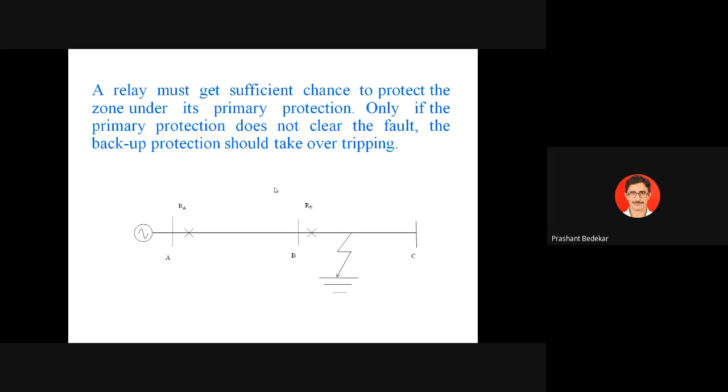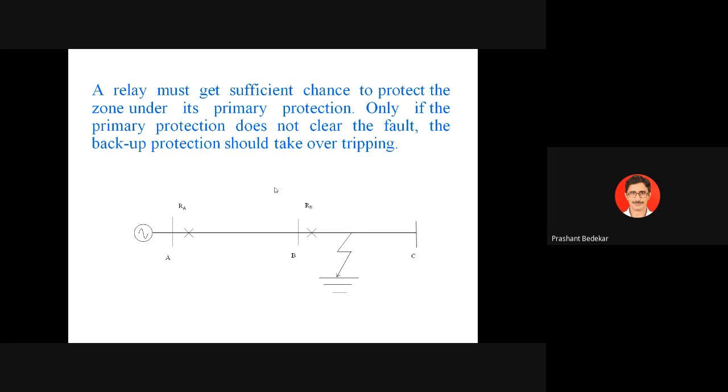Principal should not, in my opinion, my philosophy is exactly similar to this primary and backup protection. Principal should not act immediately. Principal should wait and watch for some time. Principal should give sufficient time to head of the department to rectify the fault. Whatever wrong is going on, let the head of the department tackle the problem and solve the problem.